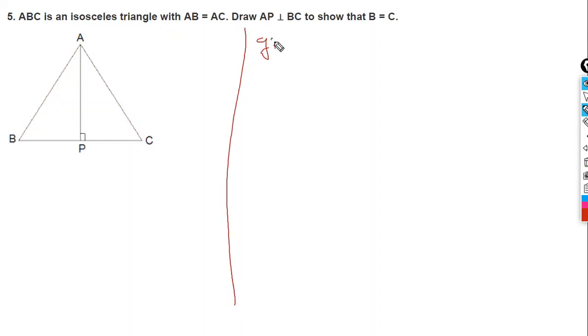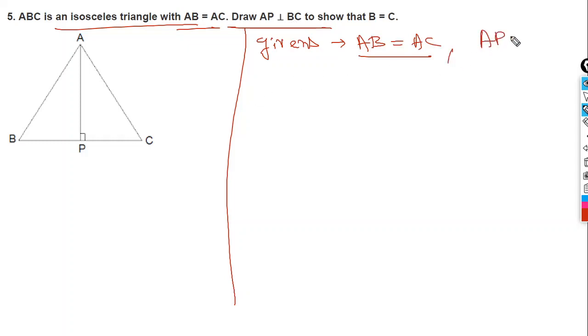Given: ABC is an isosceles triangle, AB equal to AC, AP is perpendicular to BC. To prove: angle B equal to angle C. We don't need this AP perpendicular BC.